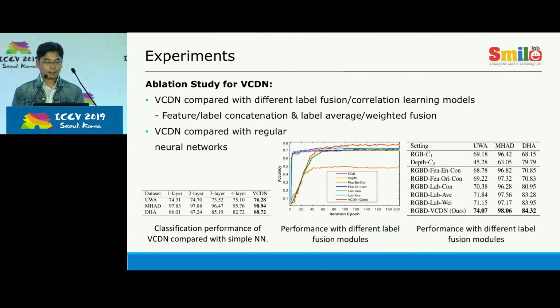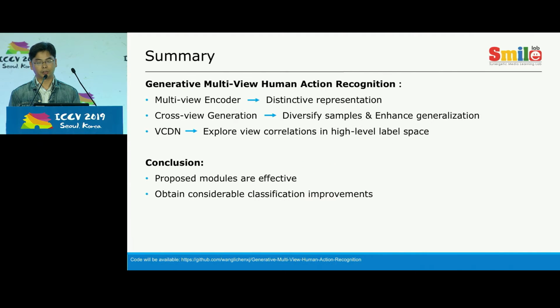So here we show the result. You can see the VCDN module can beat other comparisons. That shows its effectiveness. To sum up, we propose 3 modules in a unified model to handle the 3 challenges in multi-view action recognition, and the experiments show better performance.